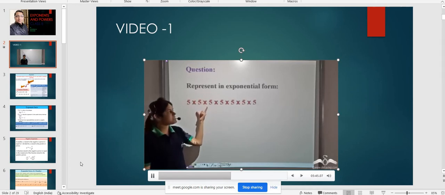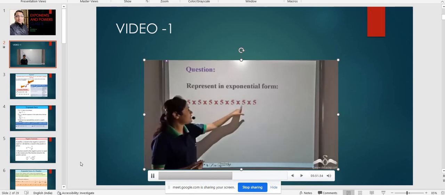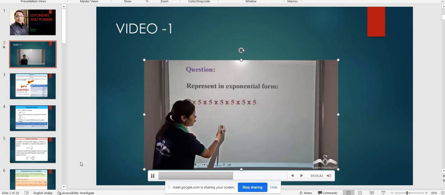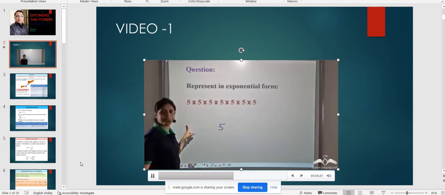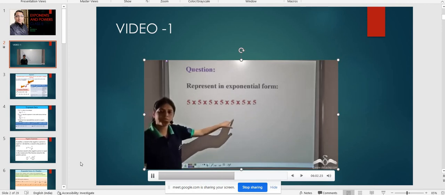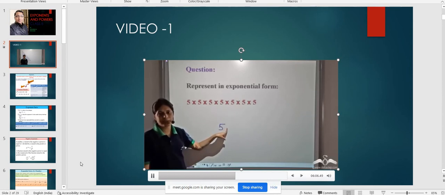So can you represent this in exponential form? Well, we see that 5 is being multiplied. So first thing is 5 is the base. Next thing is that we need to find the exponent. Exponent will be the number of times 5 is multiplied.